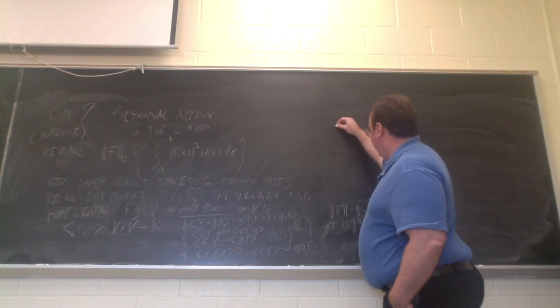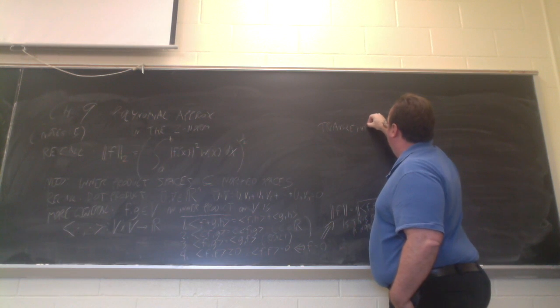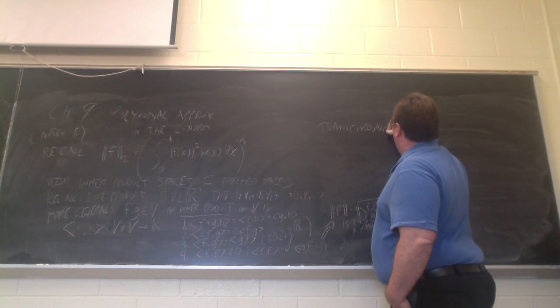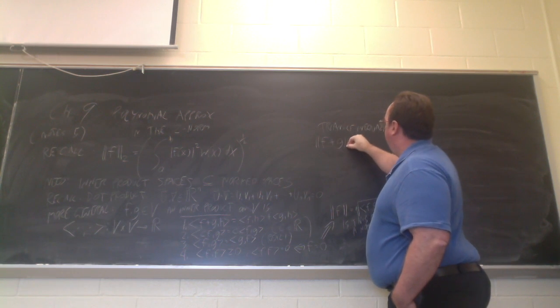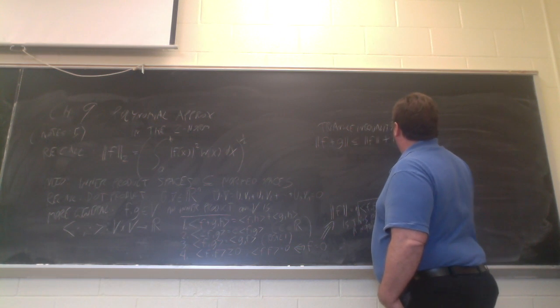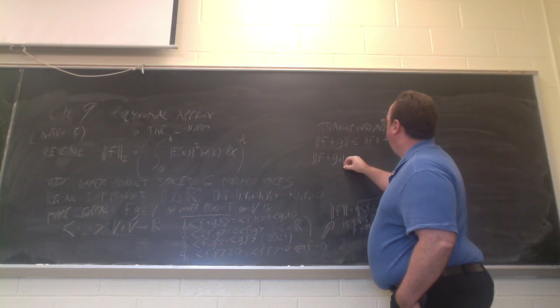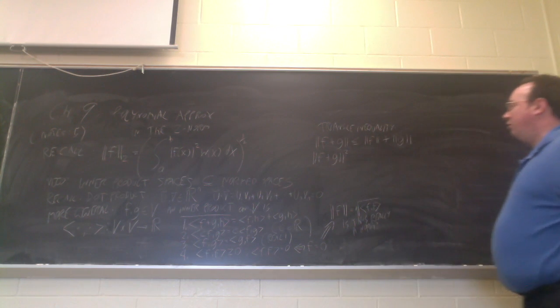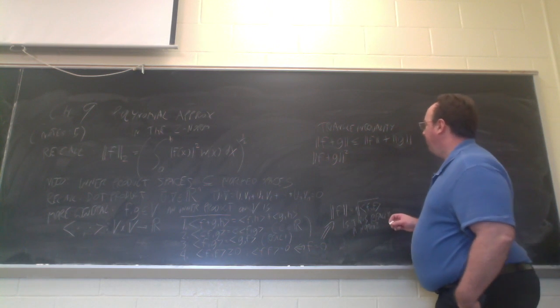Okay. Now, what I want is the norm of f plus g to be less than or equal to the norm of f plus the norm of g. So, the norm of f plus g, I'll look at it squared, so I don't deal with pesky square roots.